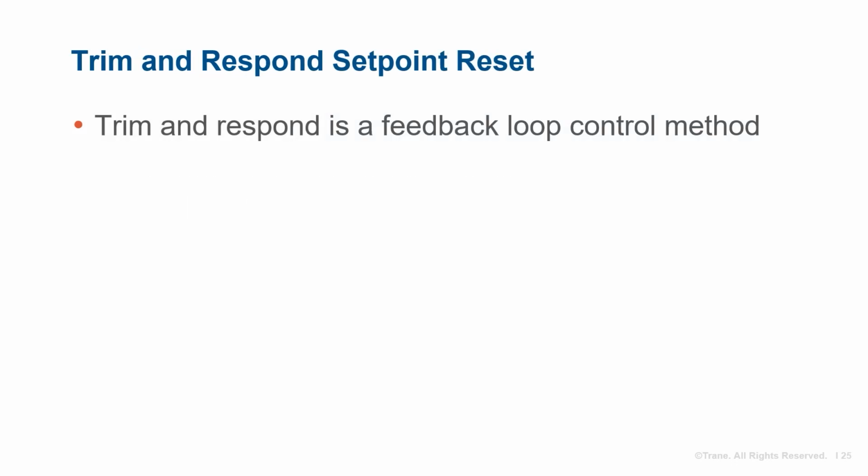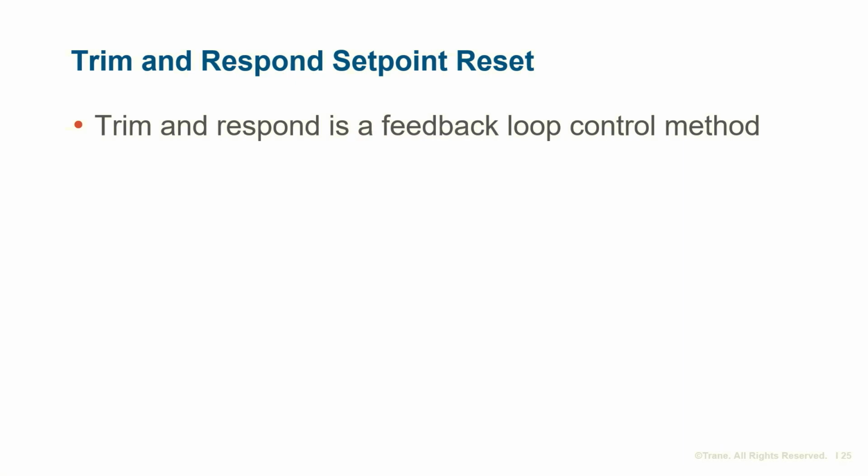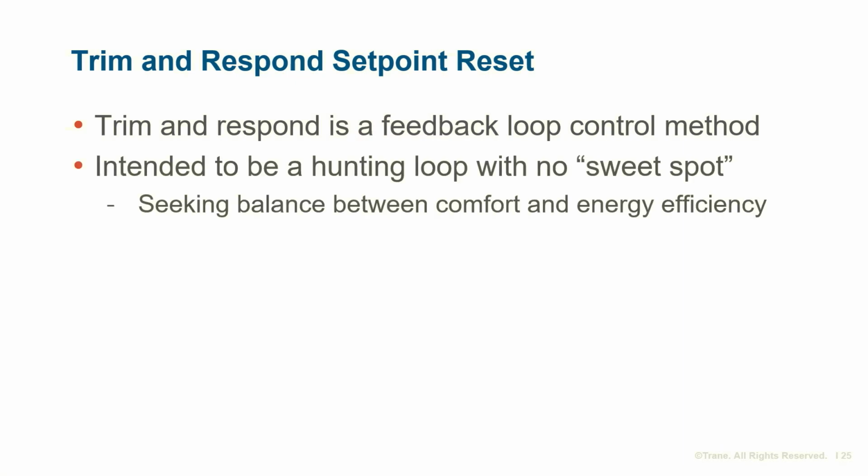Trim and respond is a feedback loop control method used instead of the traditional proportional, integral, derivative, or PID loop control. It uses feedback from equipment unit controls to determine what changes should be made to set points or system operation. A properly functioning trim and respond loop will continuously hunt.